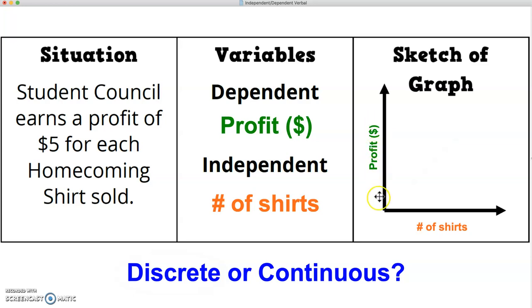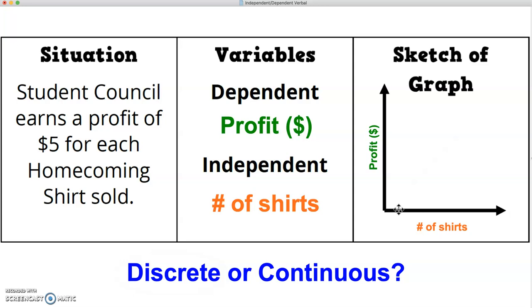Then we have to think about what a sketch of this graph would look like. Well, we could sell 0 shirts, and then we would have a point here at 0, and that would be 0 profit. Or we could have 1 shirt, 2 shirts, but I want you to think about, can we sell half a shirt?